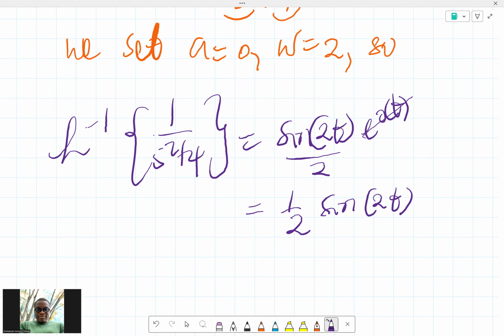All right, so that's that about the residue theorem for inverse Laplace. Okay, so let's take some practice questions. Let's take some practice questions and see how that goes.